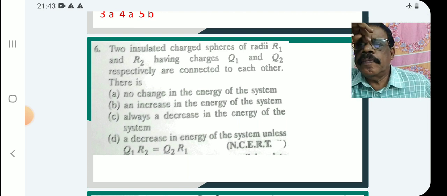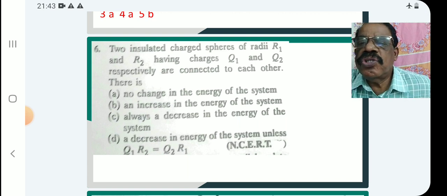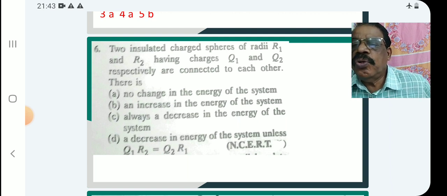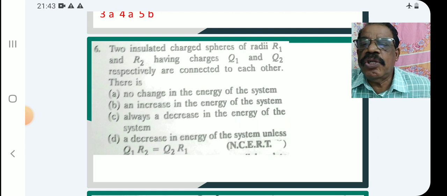Next question. Two insulated charged spheres of radii R1 and R2 having charges Q1 and Q2 respectively are connected to each other.